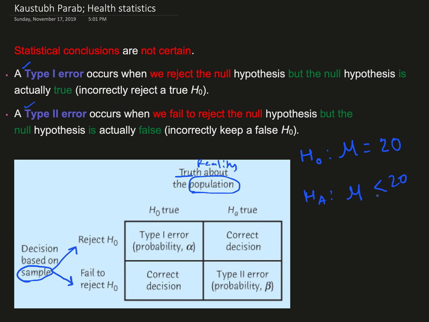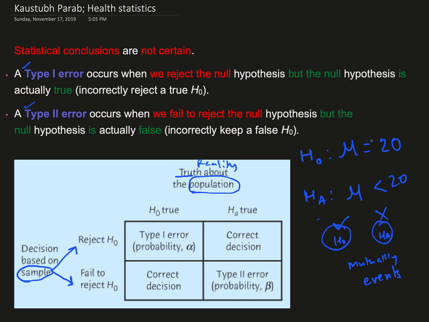It could be different things, but just for example, this is what we mean by null and alternative hypothesis. We also know that the null hypothesis and the alternative hypothesis are two mutually exclusive events. So only one can be true. If this occurs, that means this does not occur or is less likely to occur.